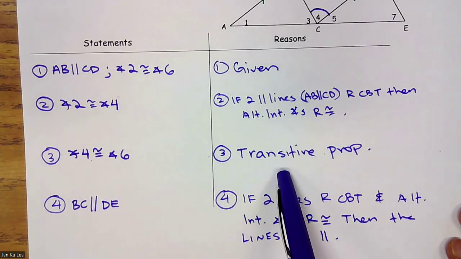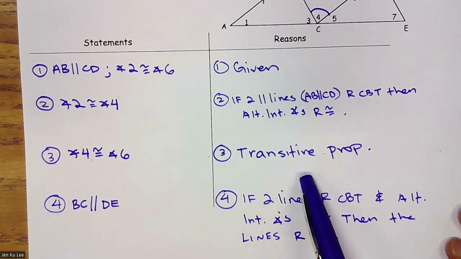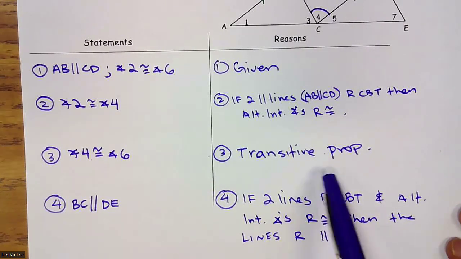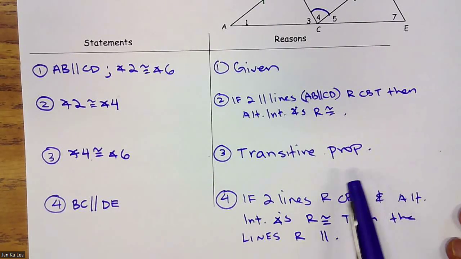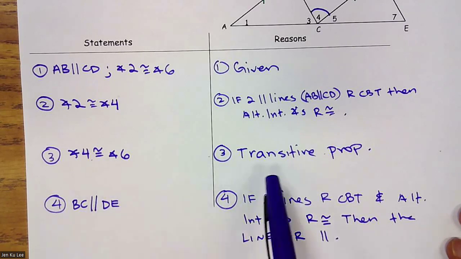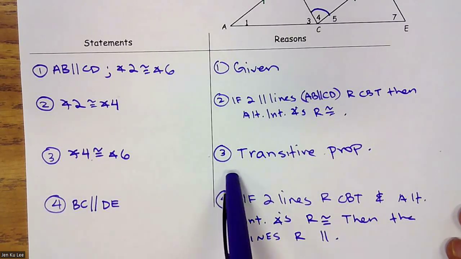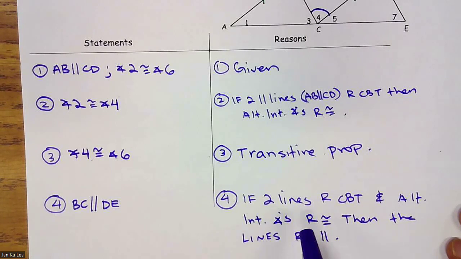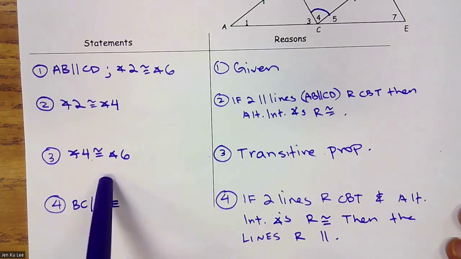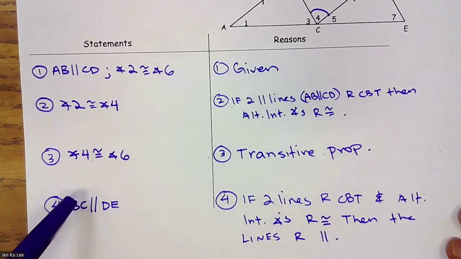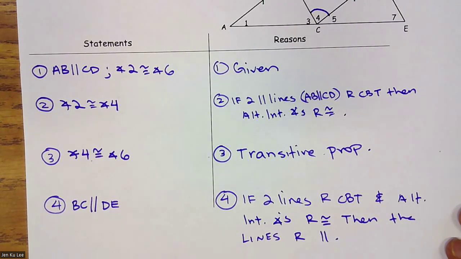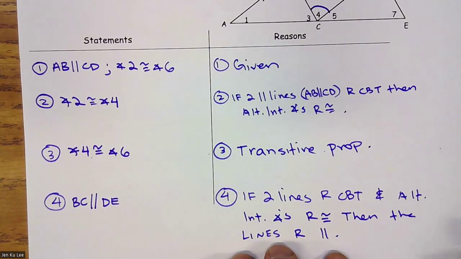Most likely it's going to be transitive or substitution. But I did not use these parallel lines, BC and DE, anywhere above it. Okay. That's a key part that you have to remember.